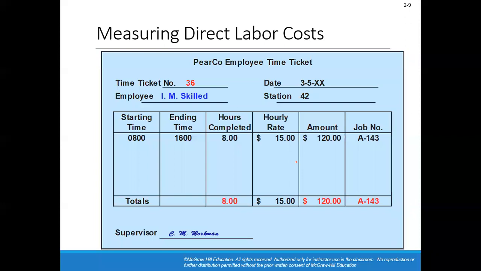So there is an application of computer system for how it happens.